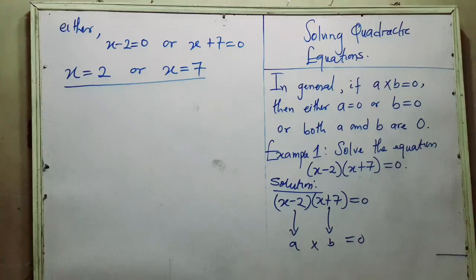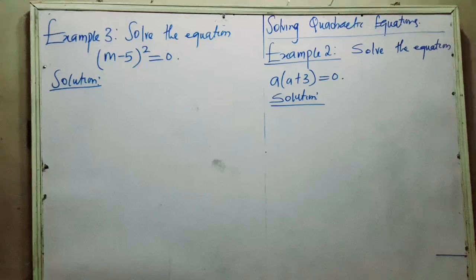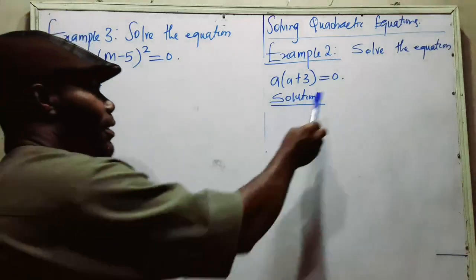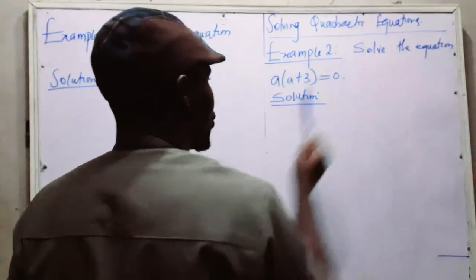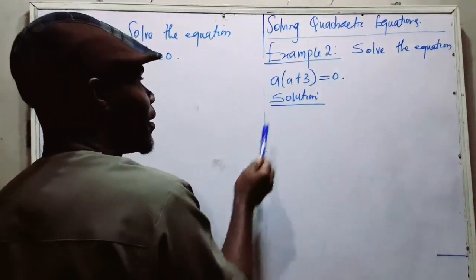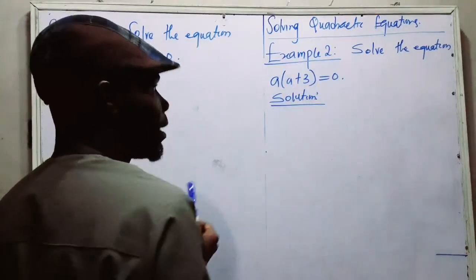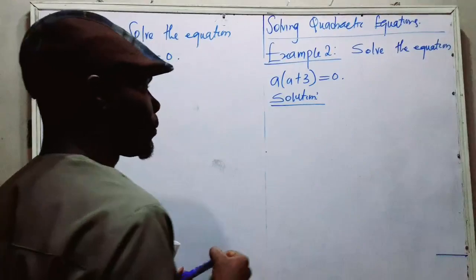Now let's go to example 2 to explain another form of how to solve a quadratic equation. This is example 2. Solve the equation A bracket open, A plus 3 bracket close, is equal to 0.